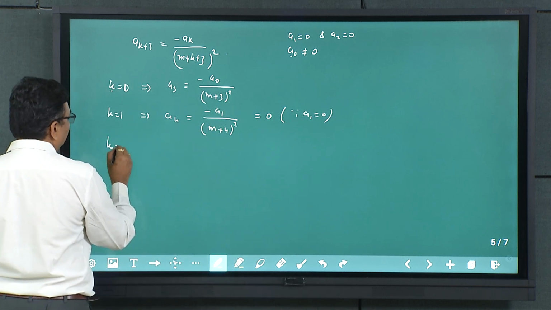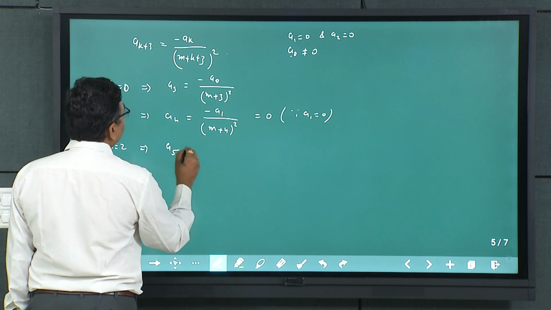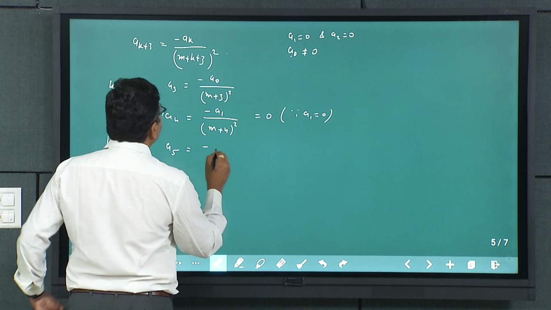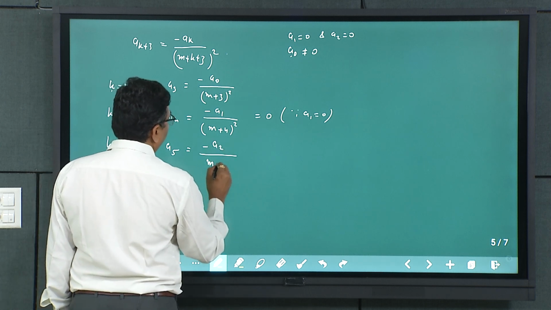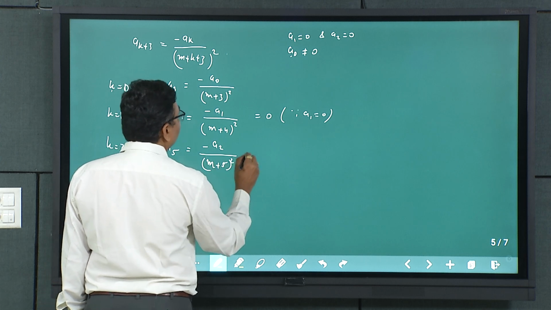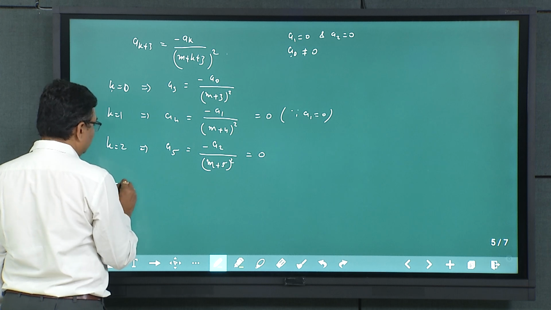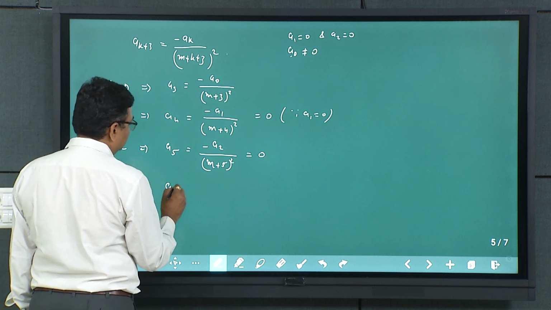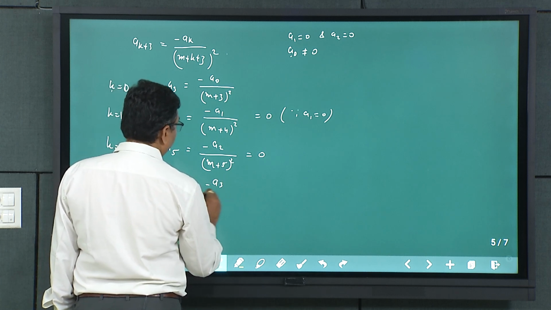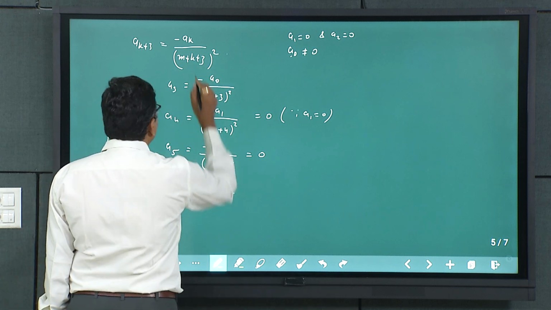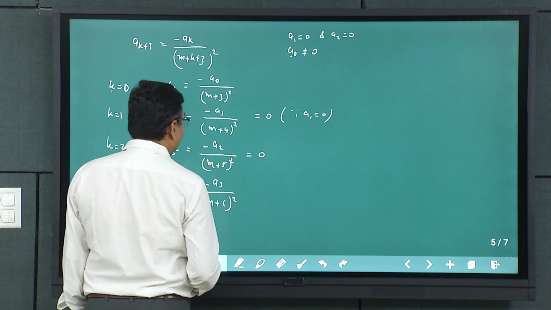Now take k is equal to 2, so this implies a5 is equal to minus a2 upon (m+5) whole square. So this is also 0 because a2 is 0. Now take k is equal to 3, implies a6 is equal to minus a3 upon (m+6) whole square, right.